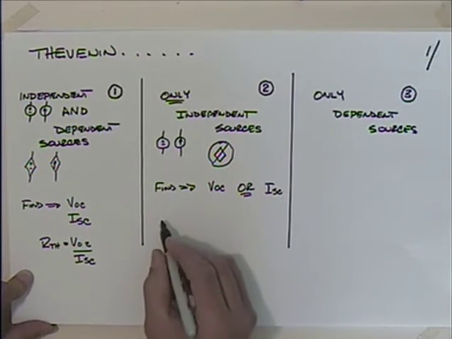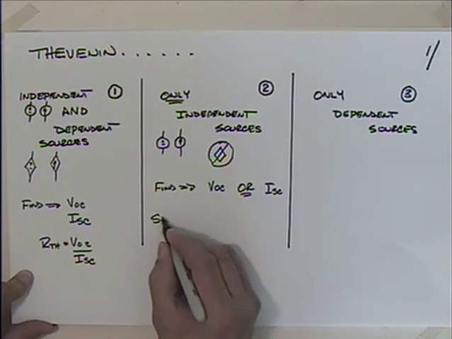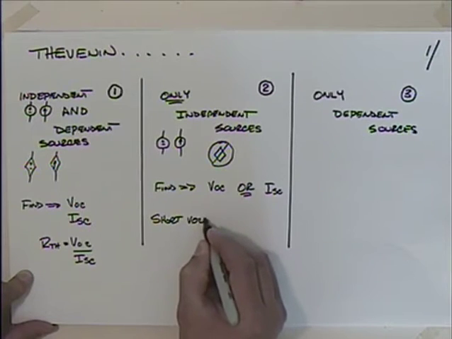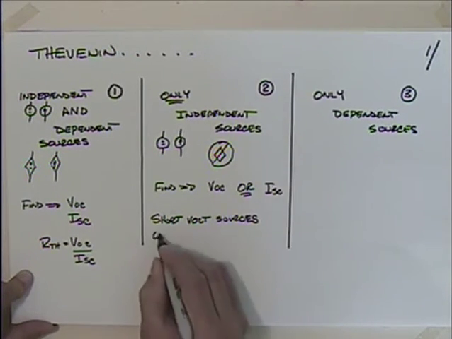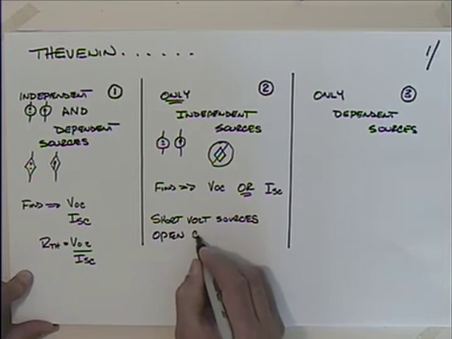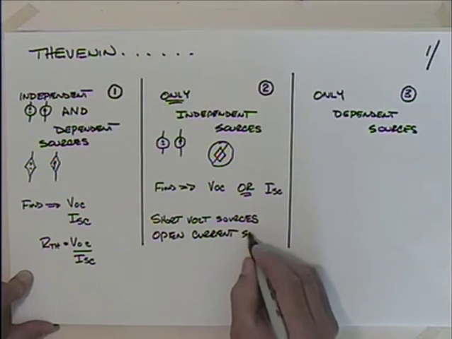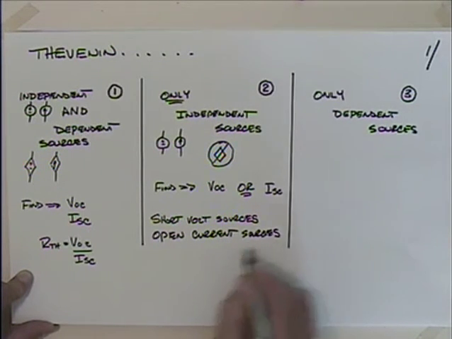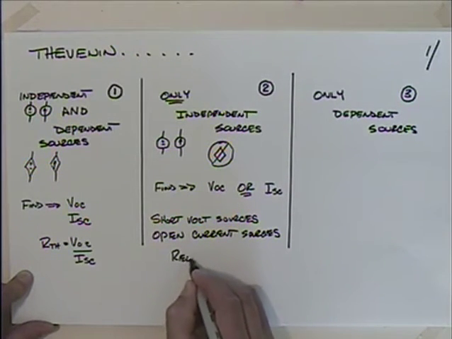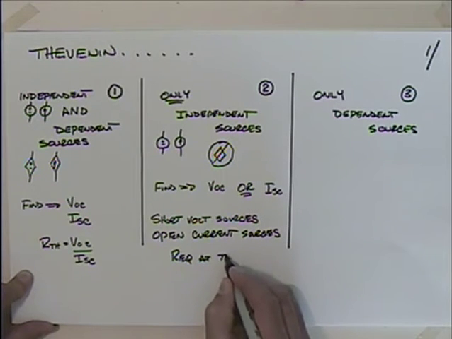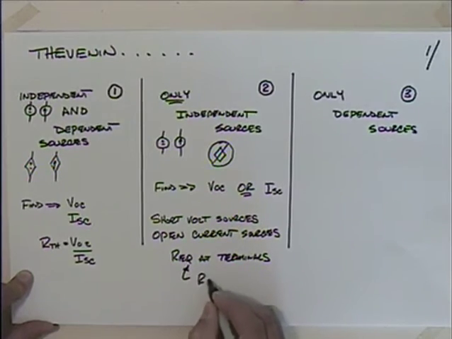And then to get R Thevenin, you're going to short the voltage sources and open the current sources, short voltage sources, open current sources, and then look into the terminals and find R equivalent at the terminals, and that will be your R Thevenin.